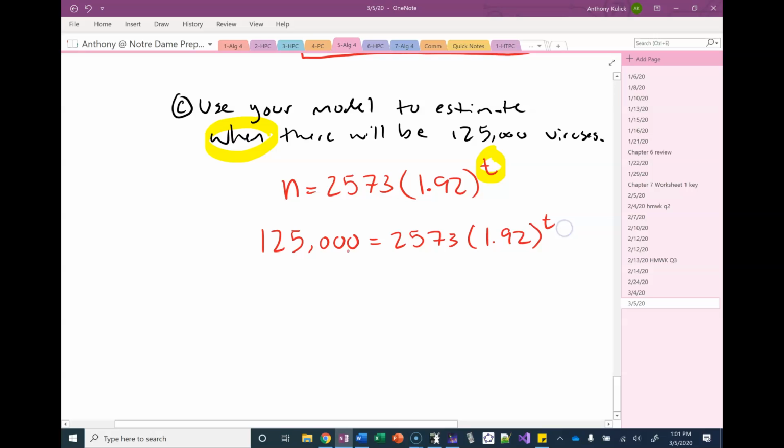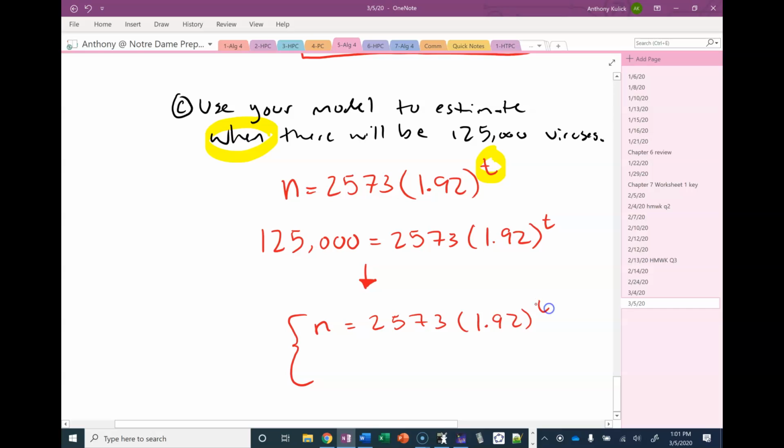So what we're going to do is rewrite this as a system of two equations. The first equation is just going to be our model. And the second equation is going to be that future value we're trying to figure out the time for.